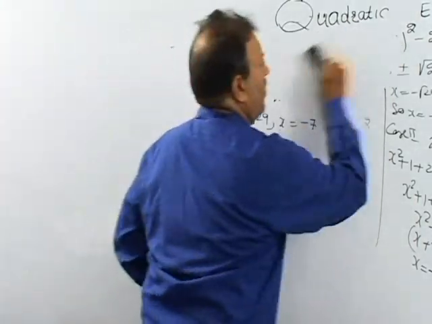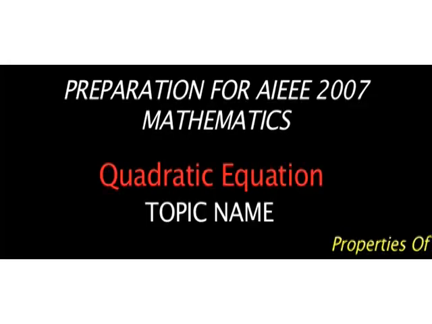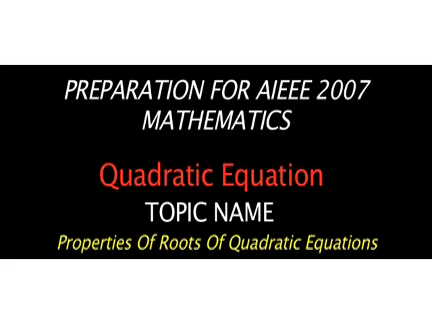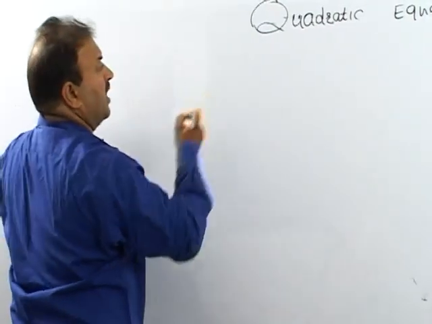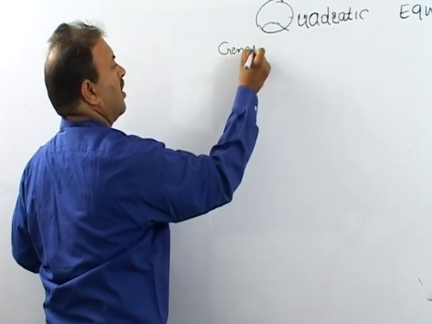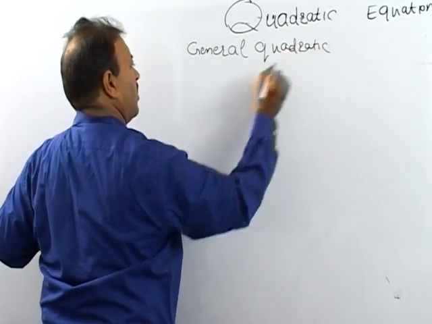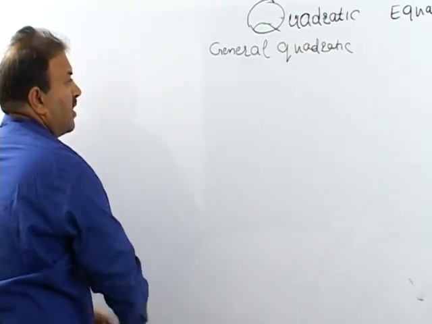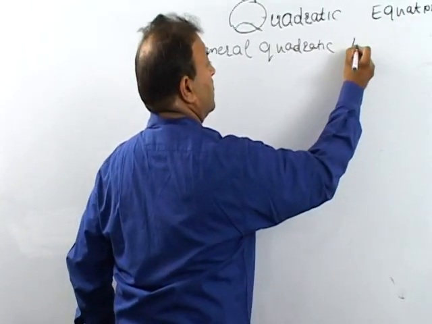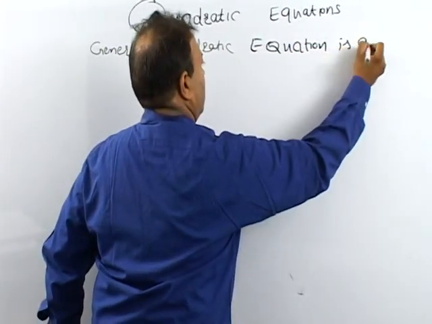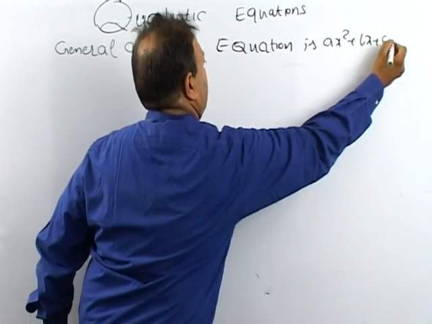Next thing, the general quadratic equation is ax square plus bx plus c is equal to 0.